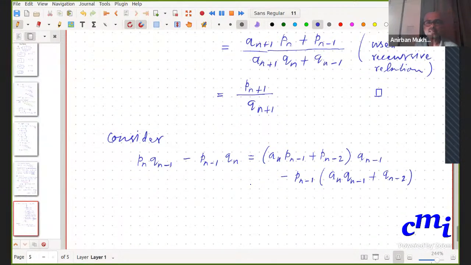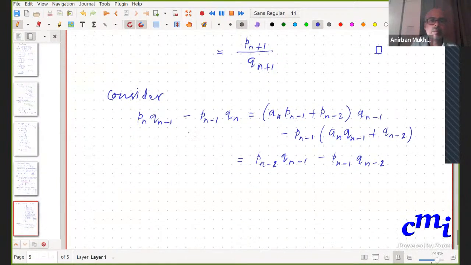Note that the first terms are just the same, an pn minus 1 into qn minus 1, and from the second term it's again the same thing, an into pn minus 1 into qn minus 1. Therefore they cancel, and what we end up getting is pn minus 2 qn minus 1 minus pn minus 1 qn minus 2.